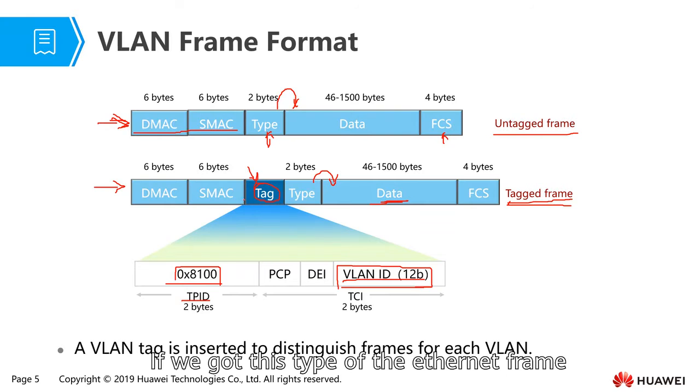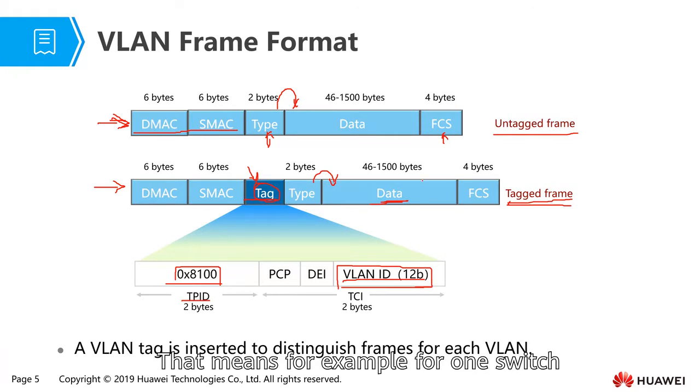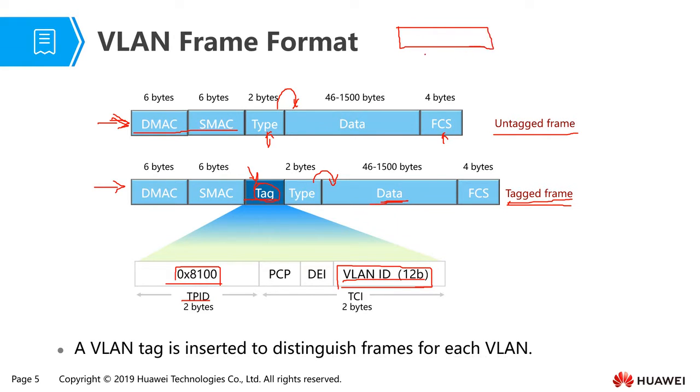If we have this type of Ethernet frame, then we can support multiple VLANs on one physical link. For example, take one switch with many PCs.